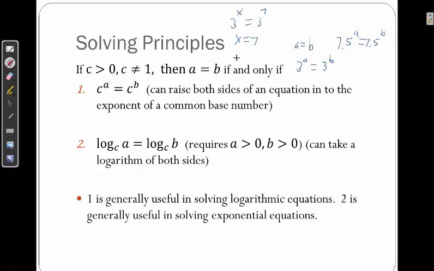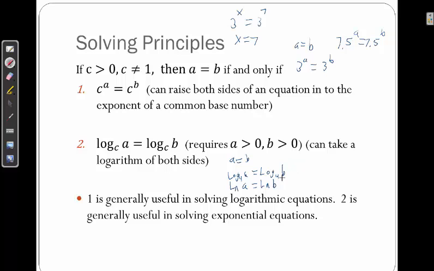That's actually a rudimentary way of solving an exponential equation. To do that, you have to have the same base, so it's not that helpful, but it's still something you can do. Similarly, you can also take the logarithm of both sides. You can take a logarithm base c of both sides, so if I had A equals B, I could take a log base 4 of both sides. Or an ln, a log base e.